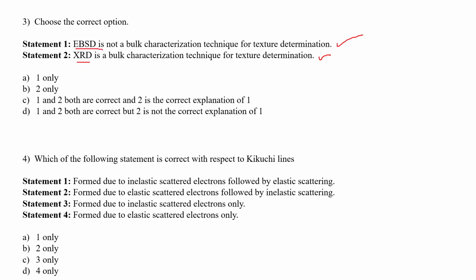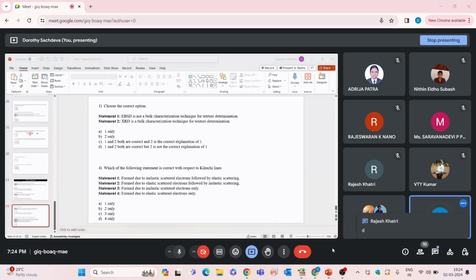So according to you people, which option should be correct? Option C or option D? That means both 1 and 2 statements are correct, that we all know, but is statement 2 the correct explanation of 1 or not? Anyone?